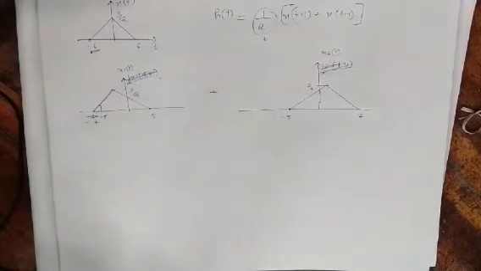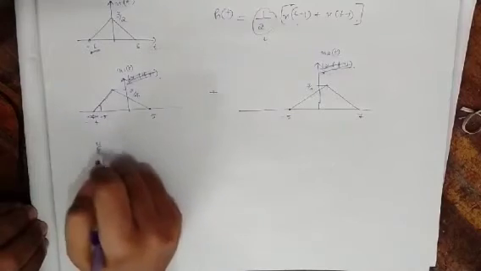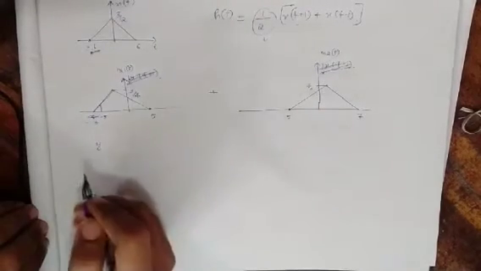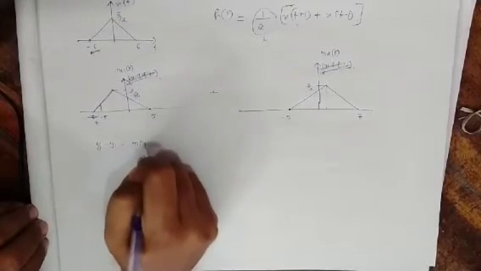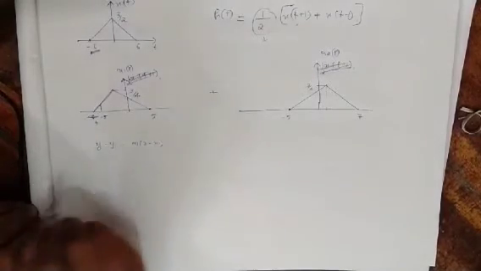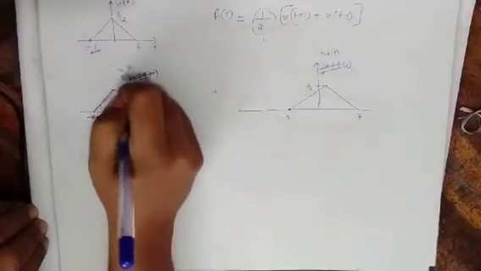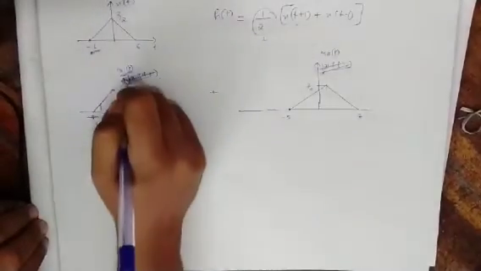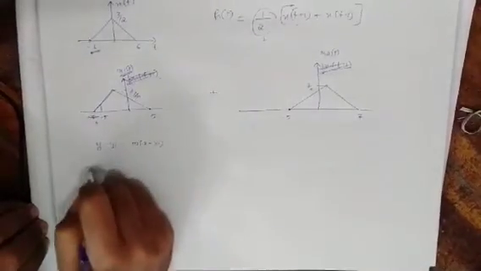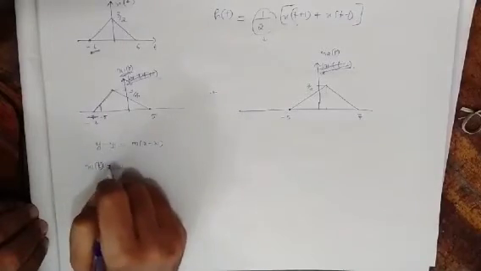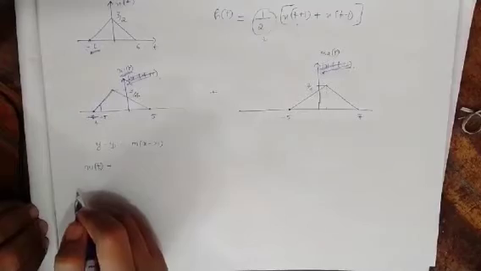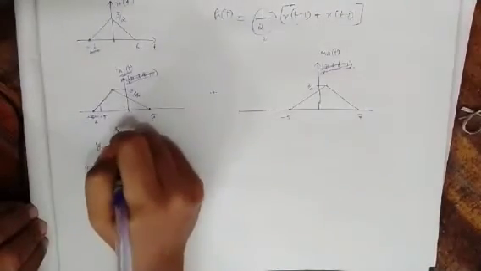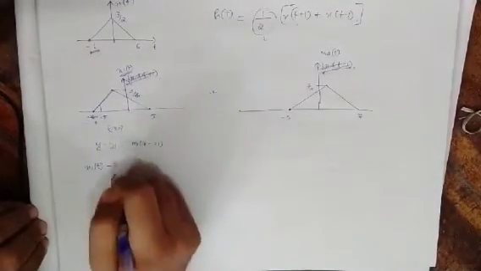Okay, so I am going to write x1 of t's equation from minus 7 to minus 5. To find out the equation of a line, what is the equation? y minus y1 equal to m into x minus x1. Here the y axis represents x1 of t, so I am going to write x1 of t minus y1. It is starting from 0, that is minus 7, 0, so our y1 is 0.